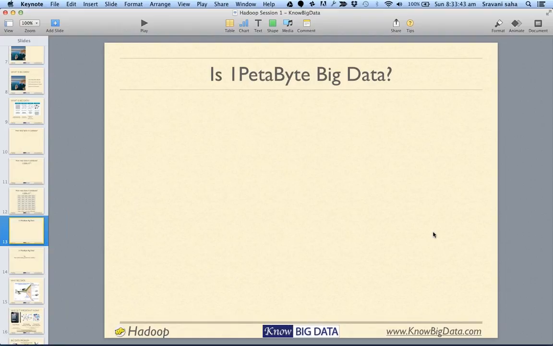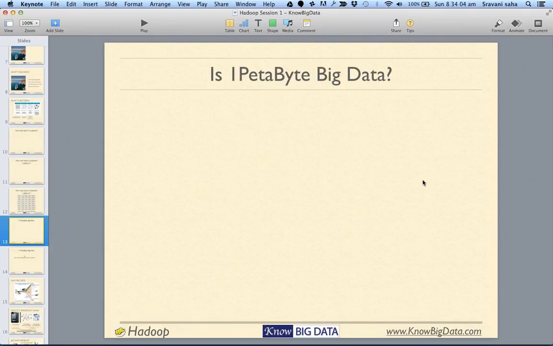All right. So everybody is agreeing that 1 petabyte of data is big data. Bharat says that a petabyte is not big data.